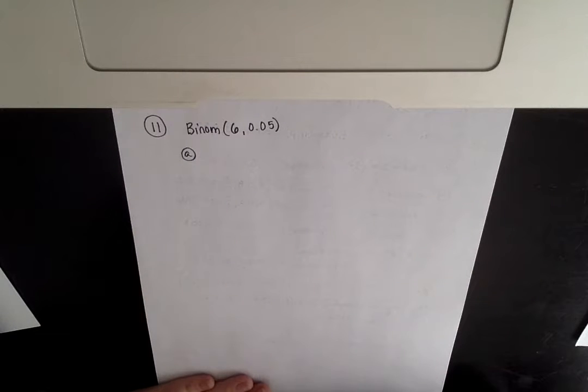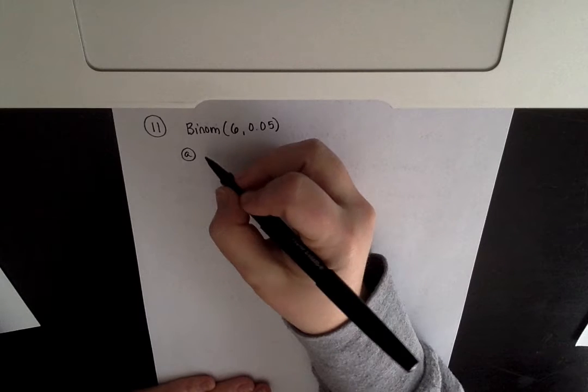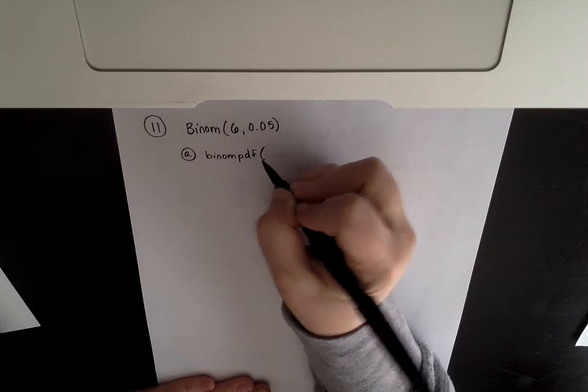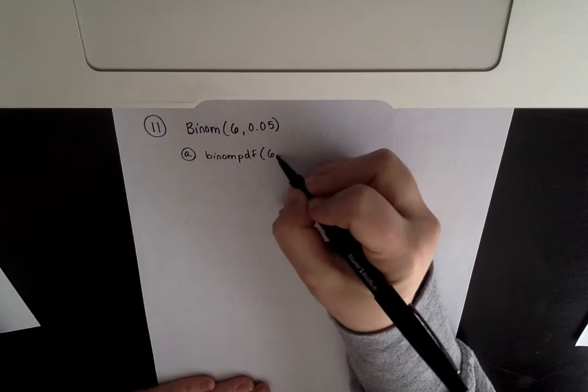A says, exactly 3 fail. Well, hopefully you were listening on the previous problem, because if I hear exactly 3 or exactly K, where K is any number, this is a binom PDF, and we're using 6 trials.